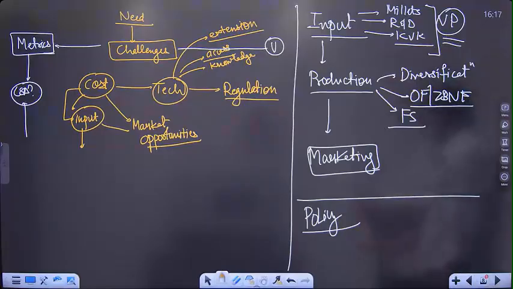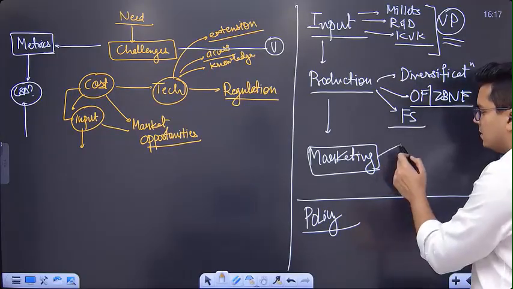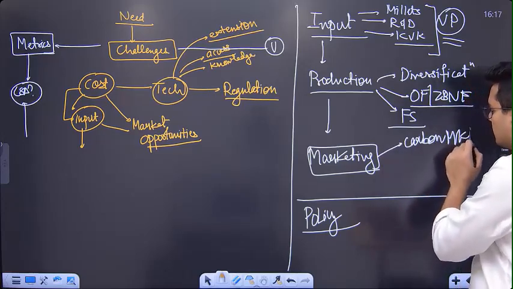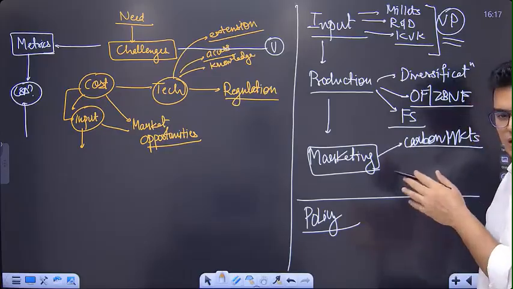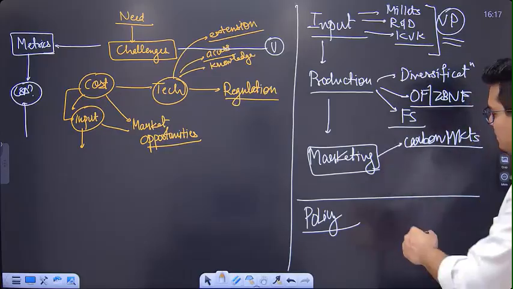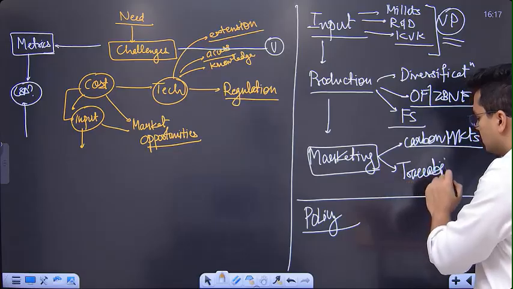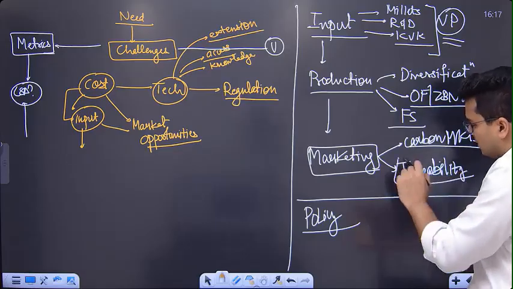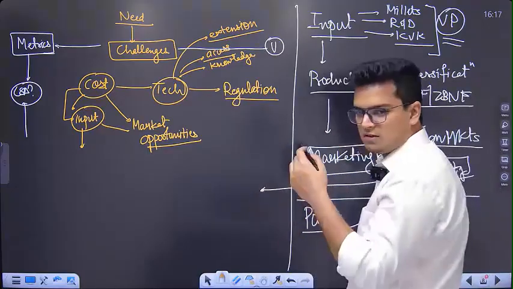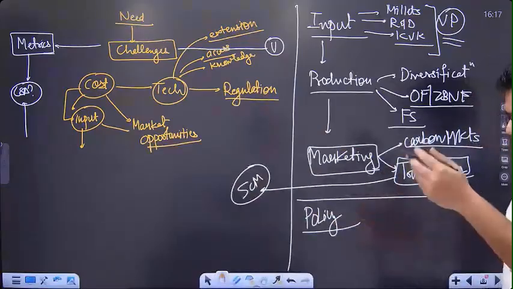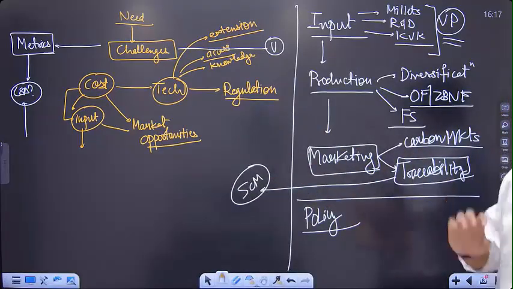Then, as far as marketing is concerned, they say establish carbon markets even for agriculture. And they say enhance the traceability of agricultural produce. Now, this term traceability you will understand as soon as you see the recorded lecture. It is linked to the idea of supply chain management. As soon as you see, you will understand why this is written here.